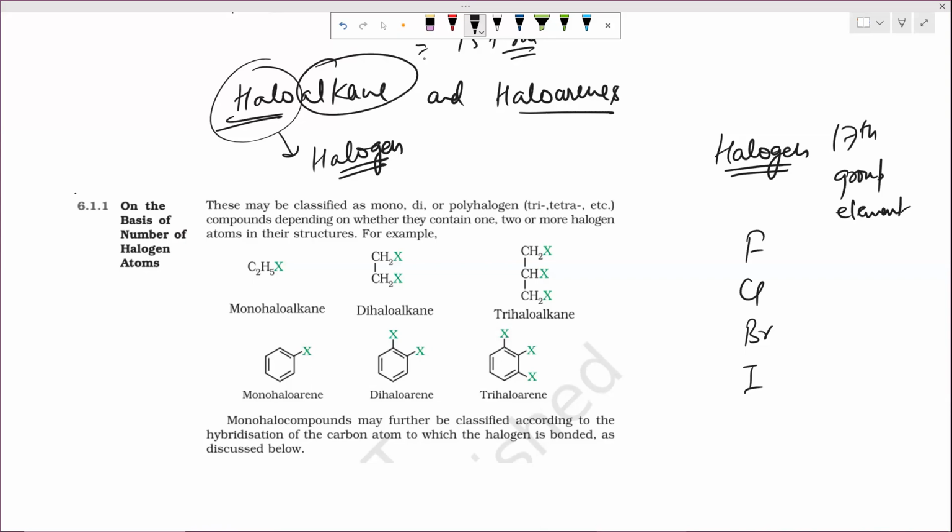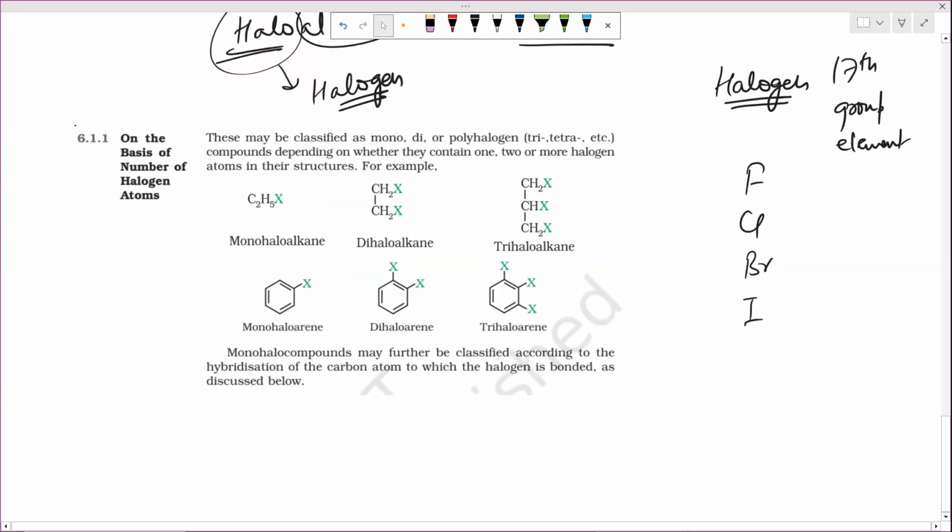And what are alkanes? Alkanes are the hydrocarbons having hydrogen and carbon only.